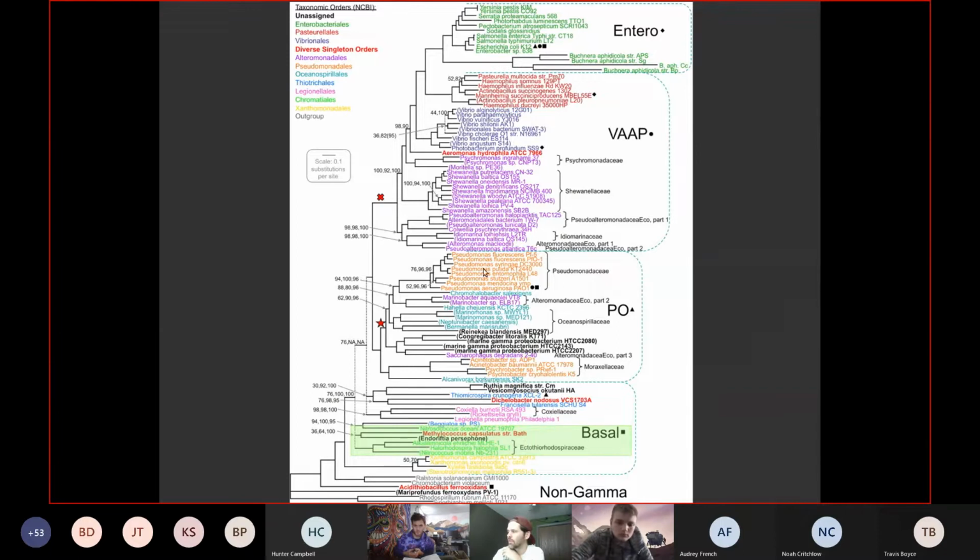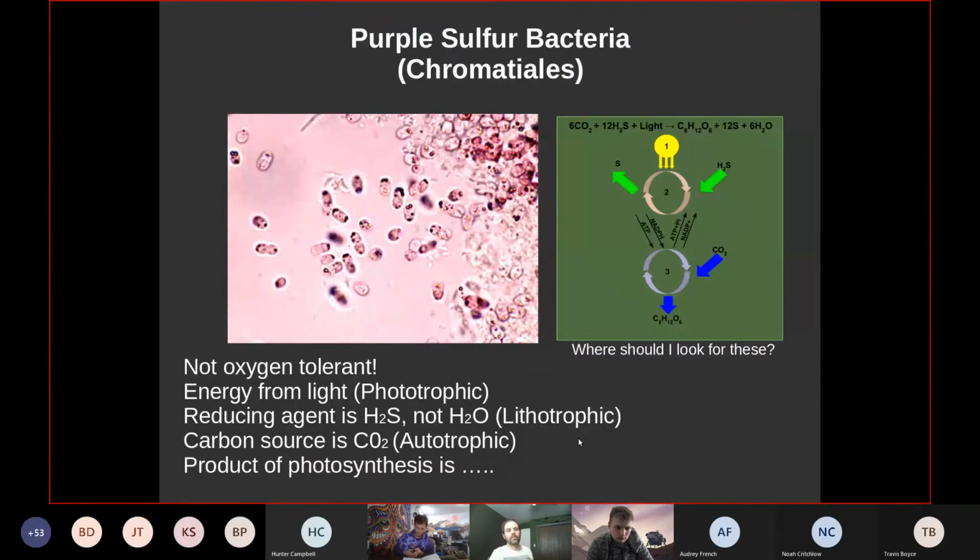Some of these you've heard of, Pseudomonas, right? But let's go over here into the basal stuff and expand this little group, because we've got some weirdos hanging out. Like this one, the purple sulfur bacteria.